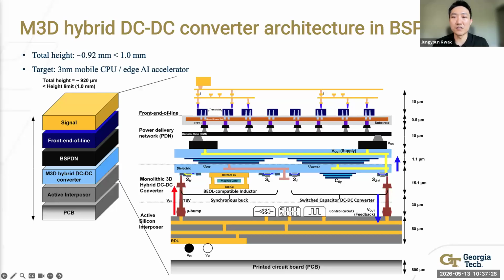At the bottom is a printed circuit board, which supplies 12 volts and holds decoupling capacitors. Above it is the silicon interposer with the pulse width modulation and switch capacitor control circuits in the standard complementary metal oxide semiconductor or power transistors.